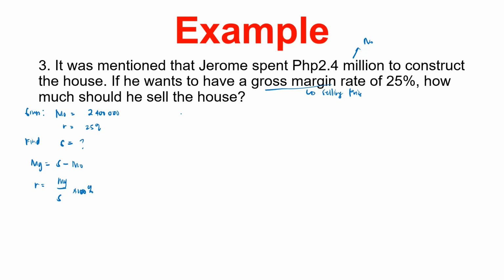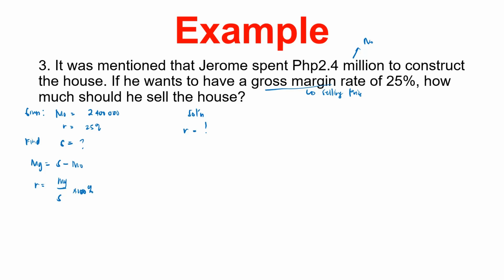During the discussion of the markup and markdown, we derived the selling price. We proved that R, the rate of the markup, is the proportion of markup over cost price, and R, the rate of markdown, is the proportion of markdown over the cost price.